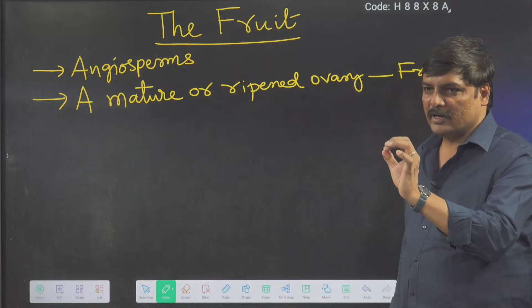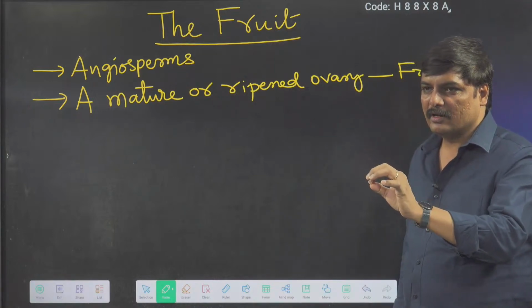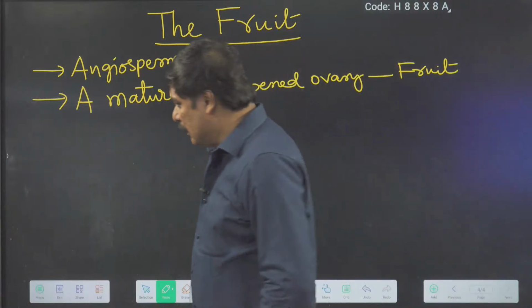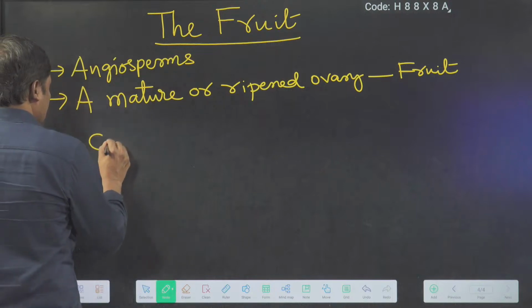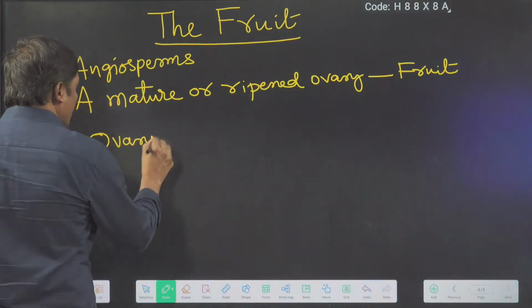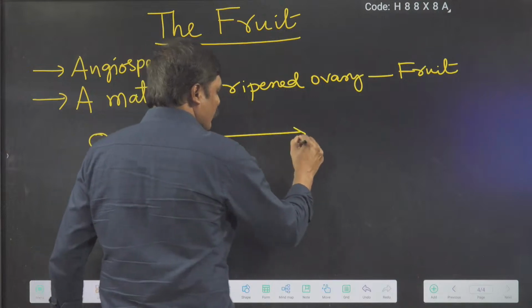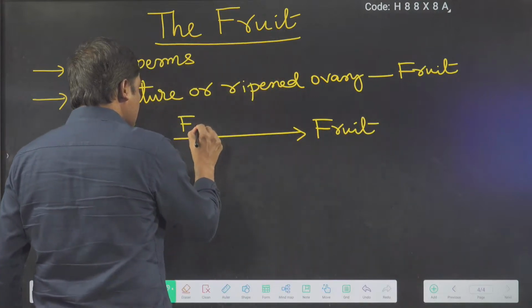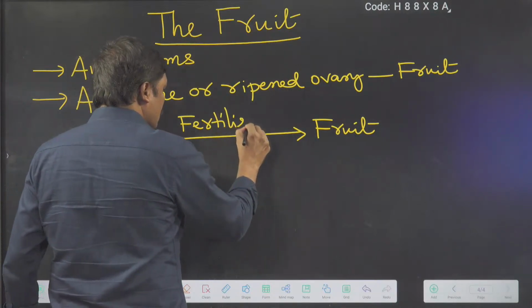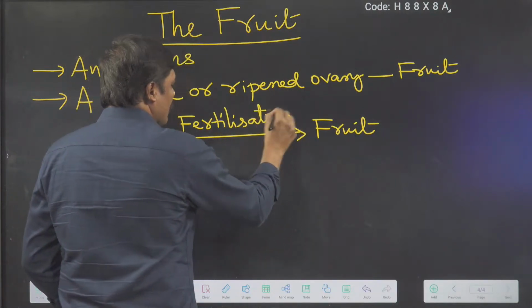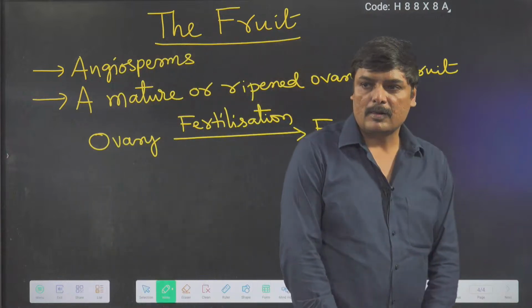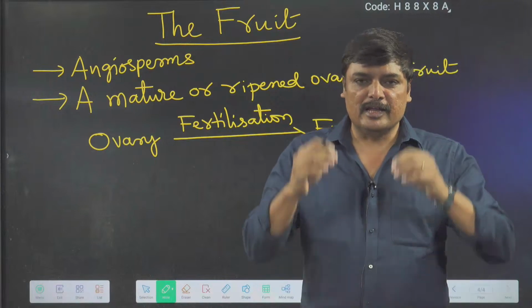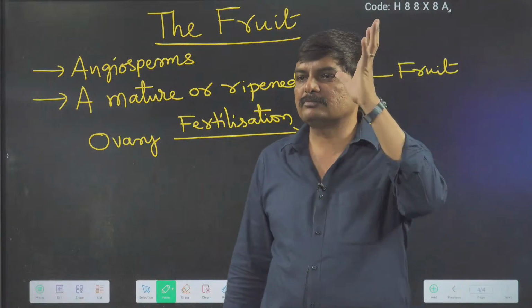A mature ovary, a ripened ovary, a fertilized ovary is called fruit. After fertilization, ovary becomes fruit.